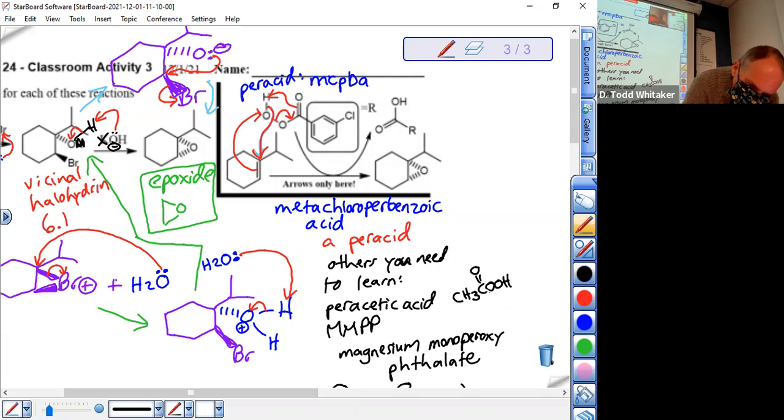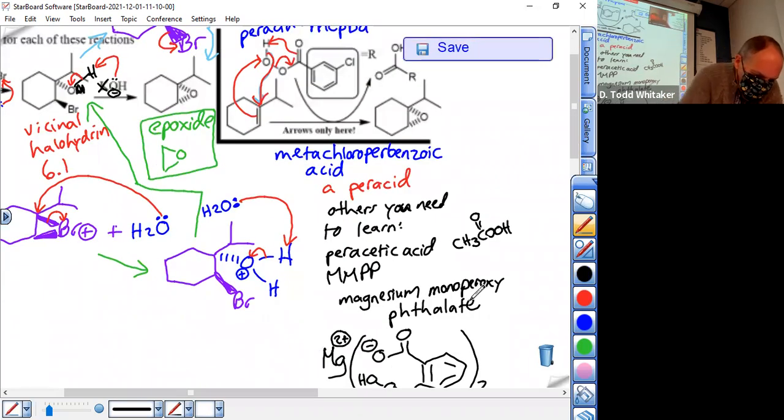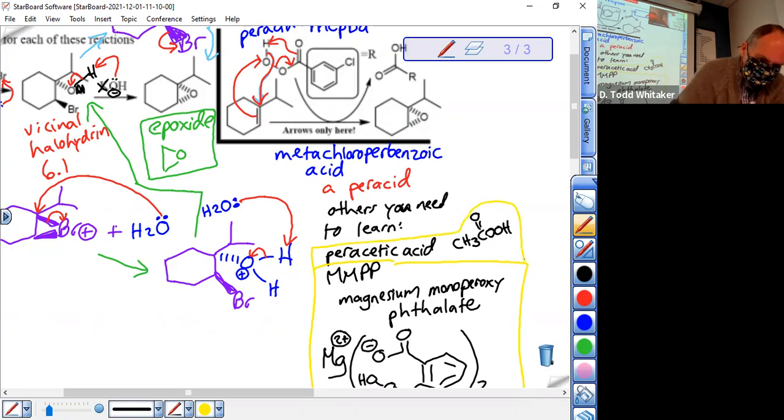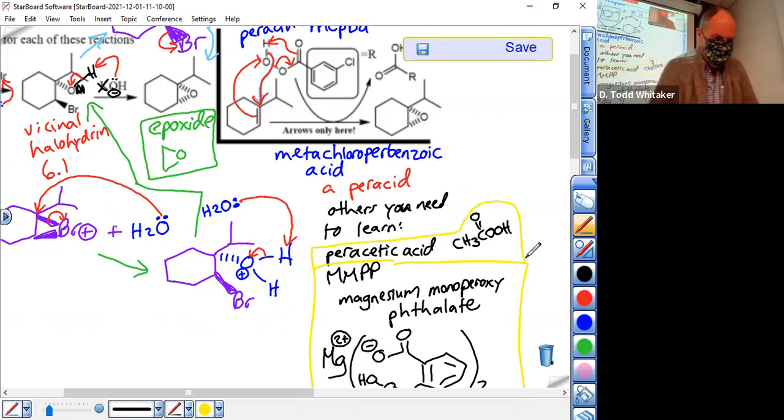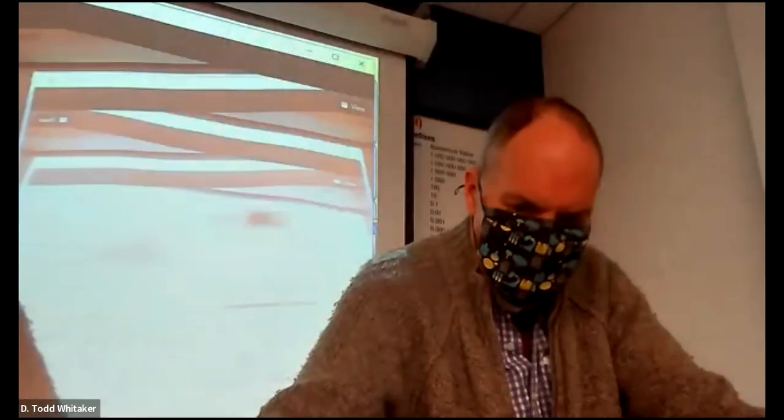Do some trim in there. Worked out. And we have to know MMPP. Boxes here. There you go. And that's activity 3. There you go.